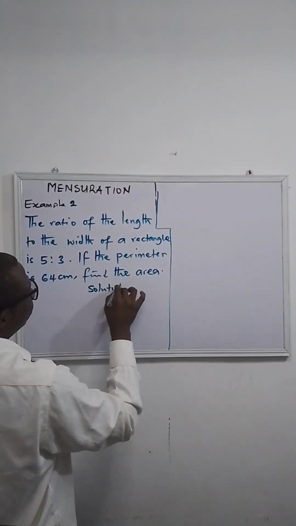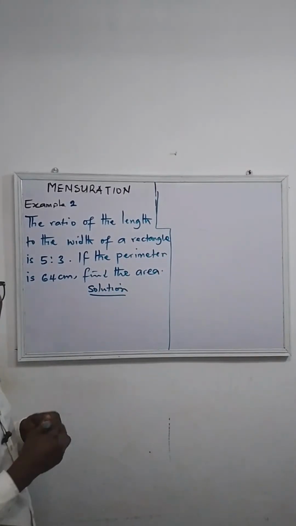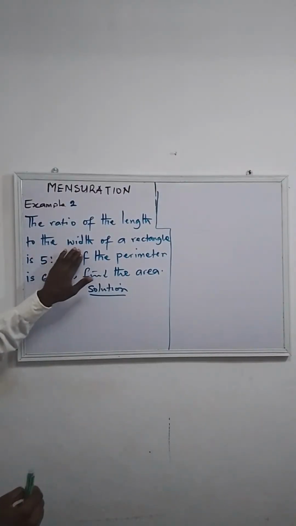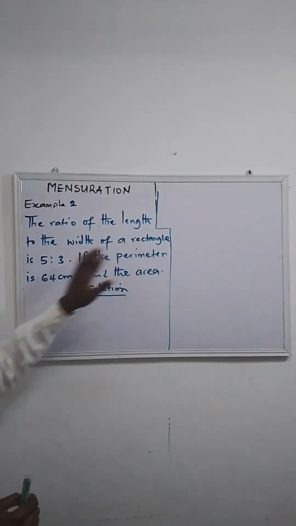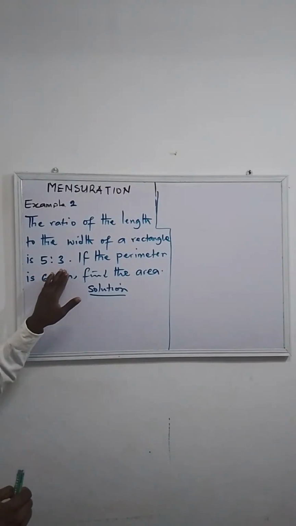Now, in the question, we are told that the ratio of the length to the width of a rectangle is 5 to 3.